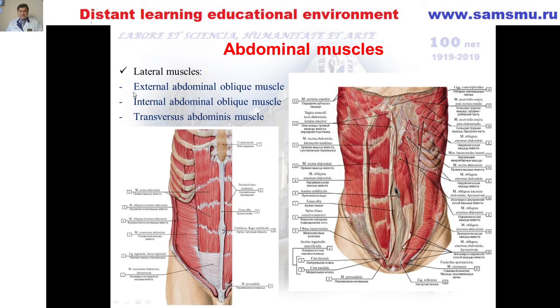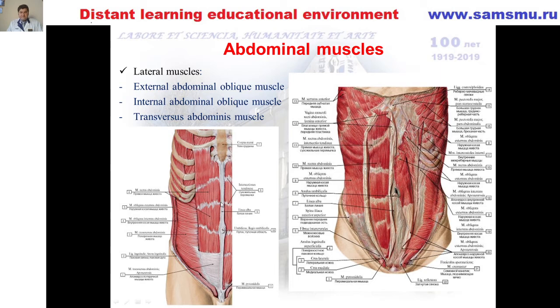So, the lateral muscles, you may read again: external oblique, internal oblique, and transversus abdominis muscle. These are three broad muscular sheets, one overlapping the other. Their tendinous aponeuroses, after forming the sheath of the rectus abdominis muscle, join on the anterior aspect of the abdomen at the linea alba.